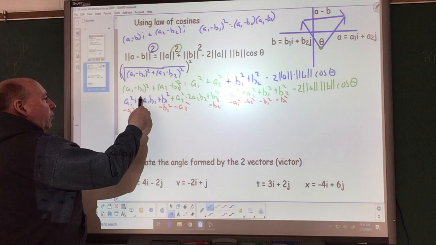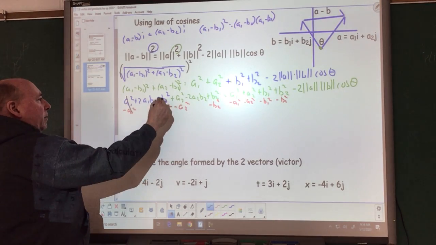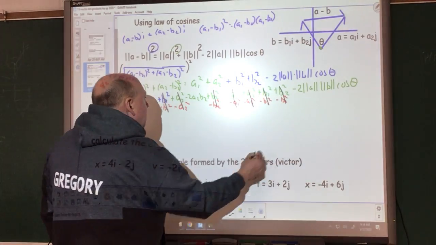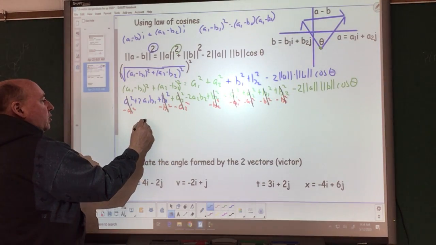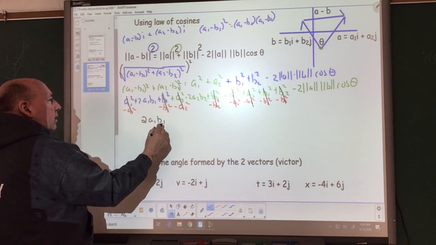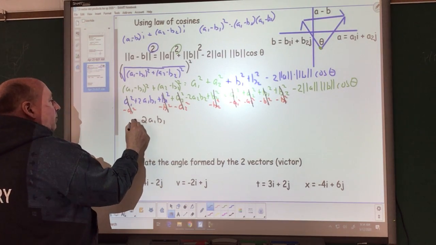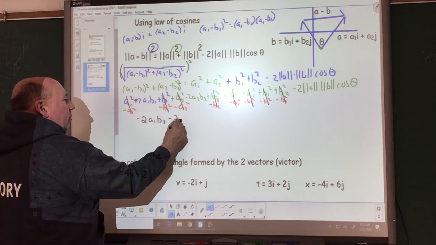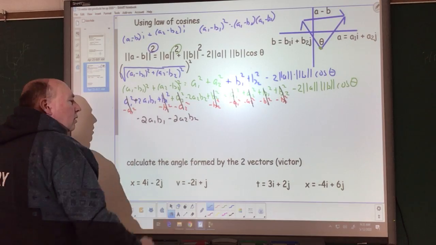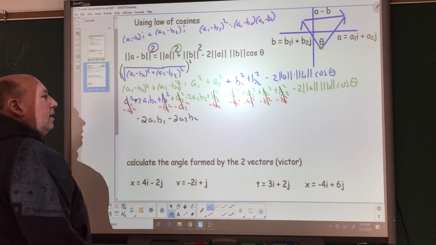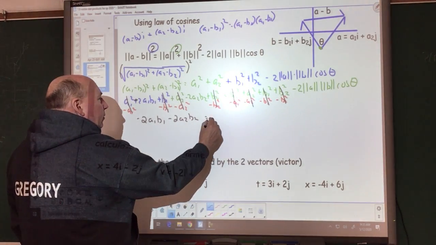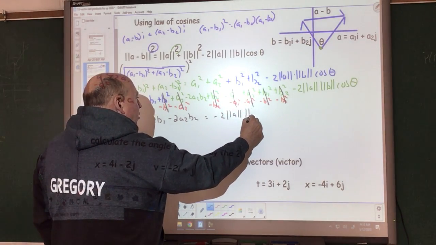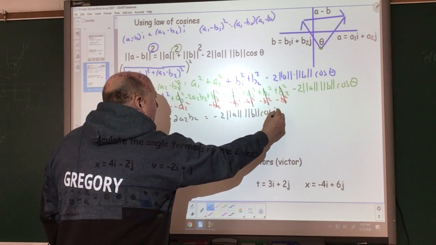So what we are left with when we subtract all these off, because these will just cancel out, we're left with minus 2 A1 B1, I'm sorry, minus, that should be a minus in there, minus 2 A2 B2, and on the right hand side of the equal sign we're left with minus 2 times the magnitude of A times the magnitude of B cosine of theta.